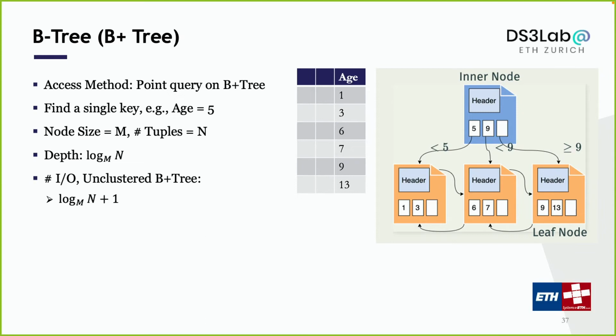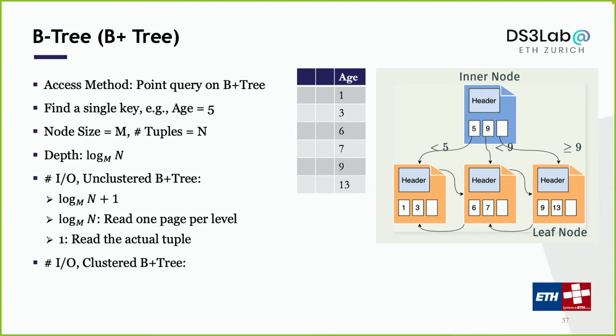Then you get a pointer, which is the record ID, and you fetch it. So the cost of answering this query with an unclustered B plus tree is log_m n plus 1. The log_m n is one page read per level of the tree, and then you read the actual tuple, plus 1.